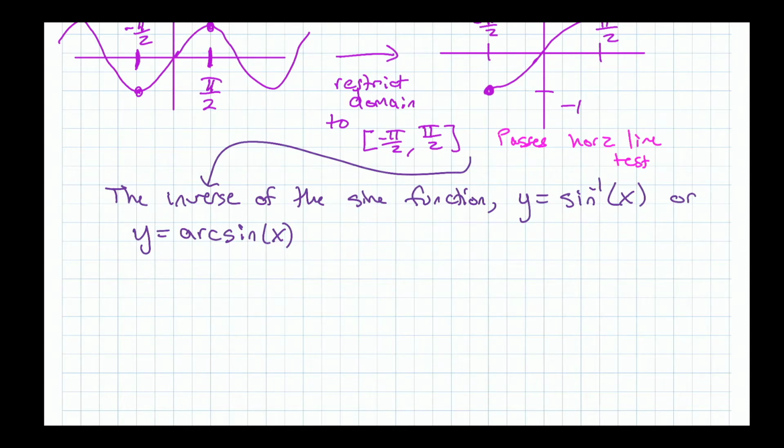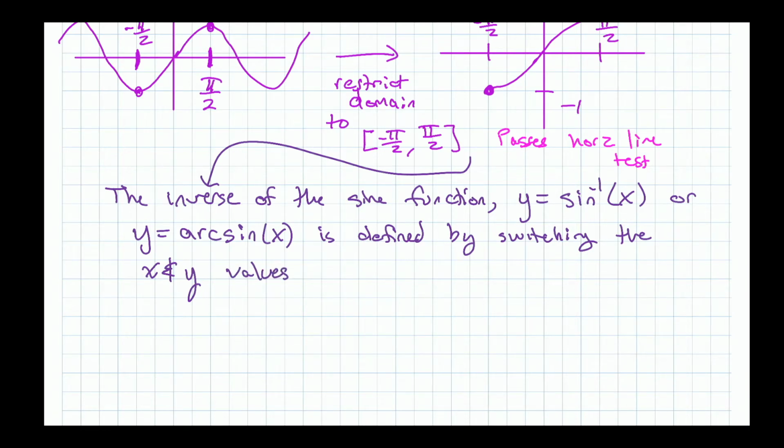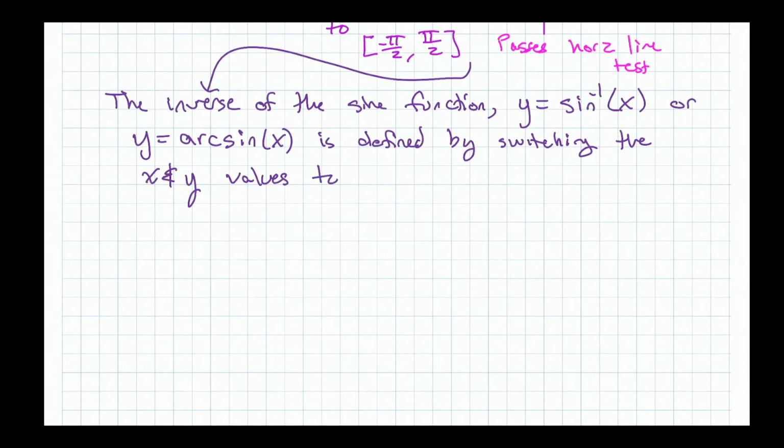It is defined by just switching the x and y values from the function that we just drew. That's always how you get an inverse, by the way, is just switching the x and y values to get this graph.